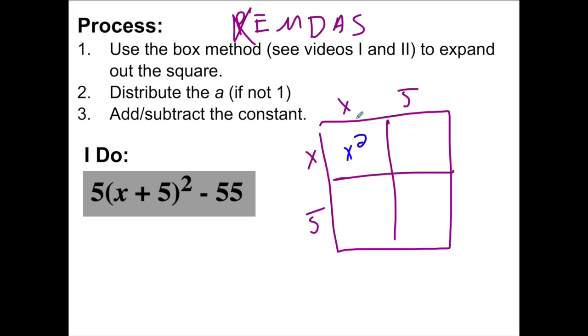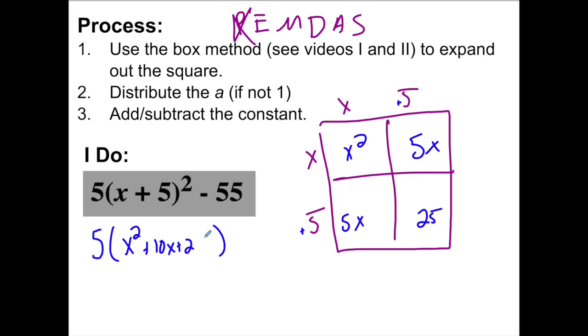X squared, 5x, and you could choose to put a plus here if you want. 5x, 25. So here you do need to drop in your 5. x squared plus 10x plus 25 minus 55. So see, now you have an a value. So by PEMDAS, we're done with the exponent, but now you multiply or divide before you add or subtract.